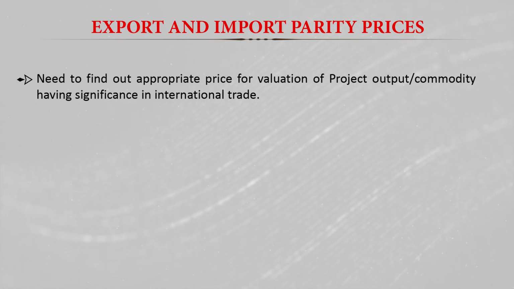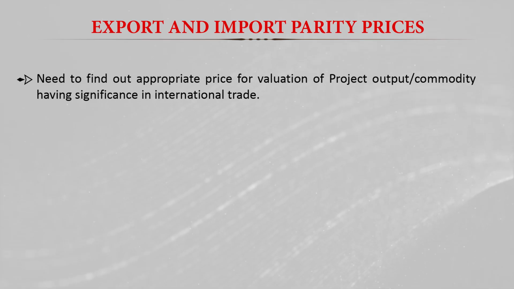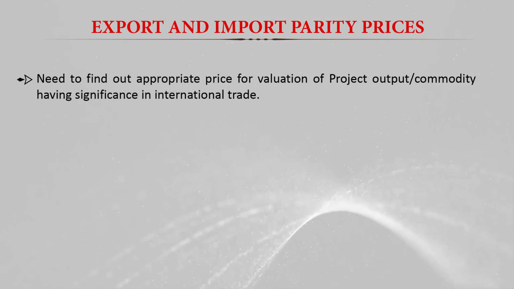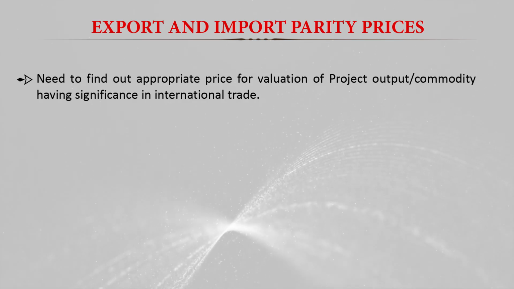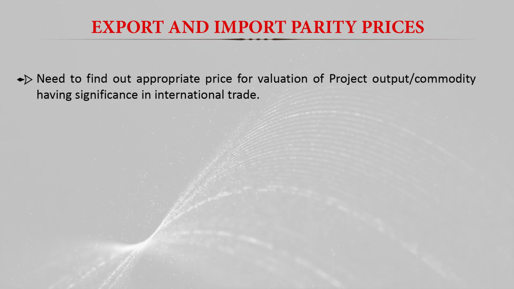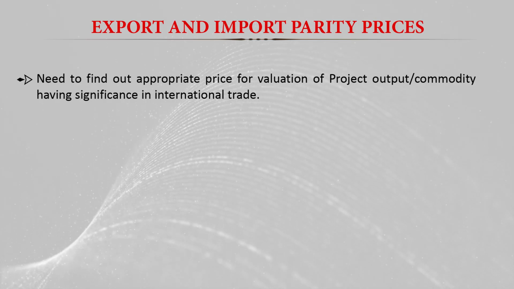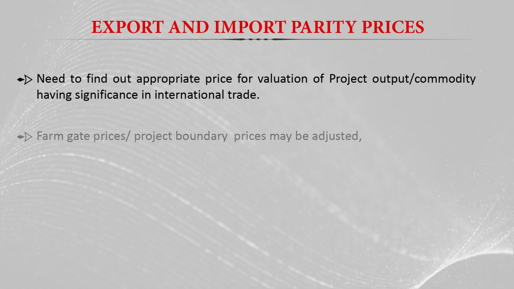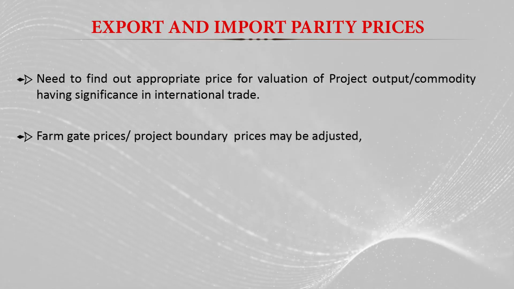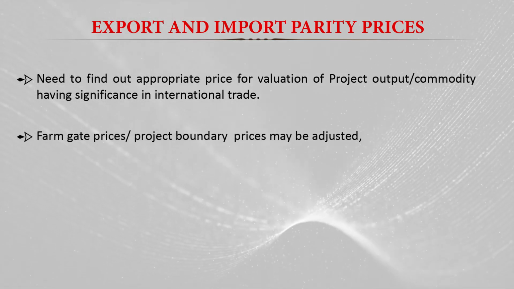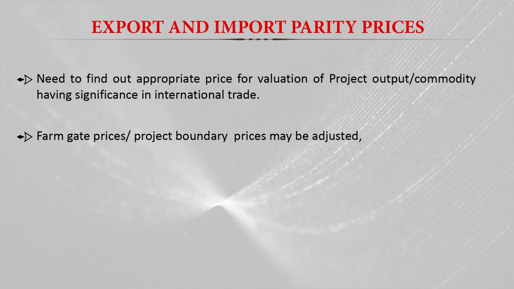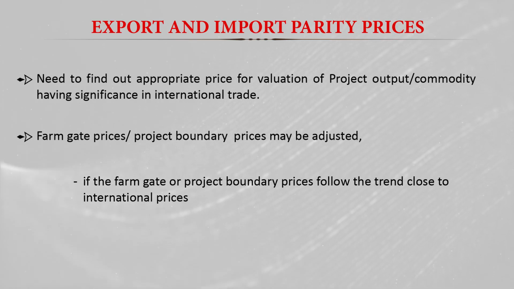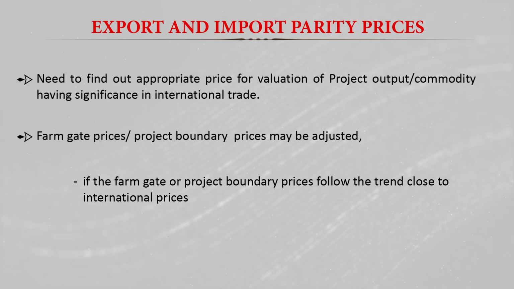The commodities which are traded as import and export need appropriate prices for their valuation, and for their costs and benefits or costs and returns. Here the farm gate prices and project boundary prices may be adjusted if the farm gate or project boundary prices follow a trend close to the international prices.